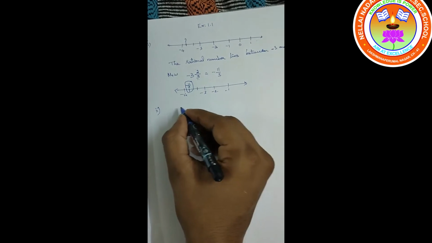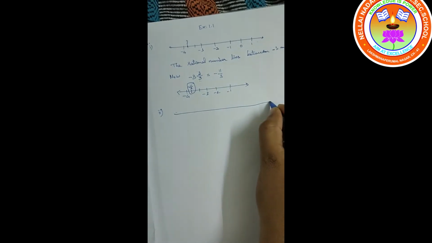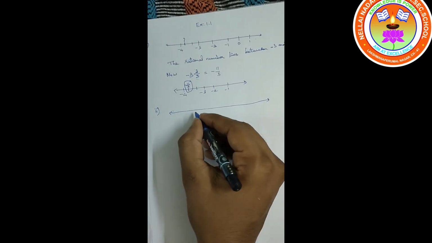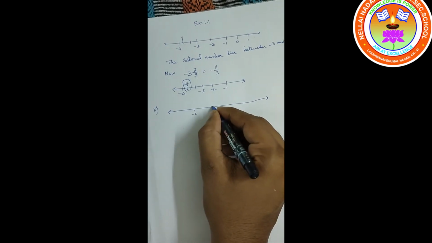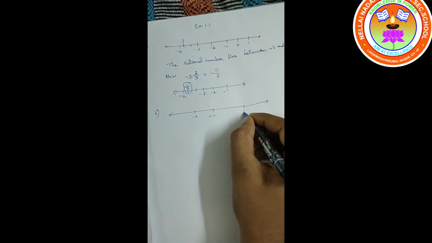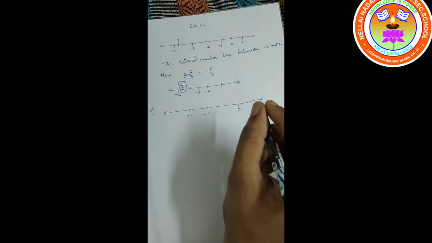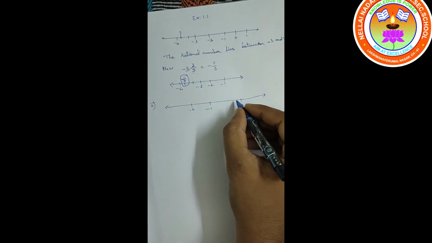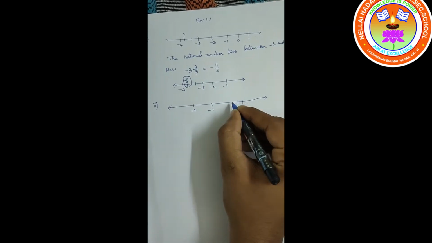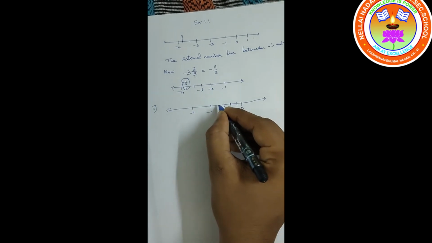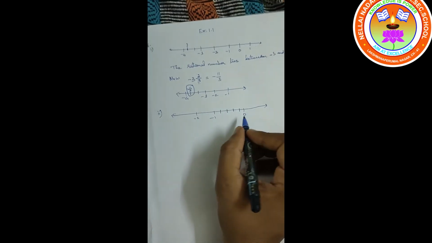Second subdivision also a number line is given. It's -2, -1, 0, 1, 2, 3, 4, 5. So you have to divide it into 5 equal parts. 1, 2, 3, 4 and 5. So you can see the question here in this book.